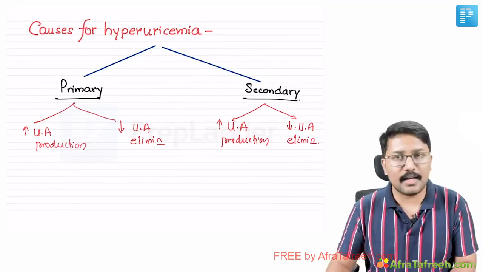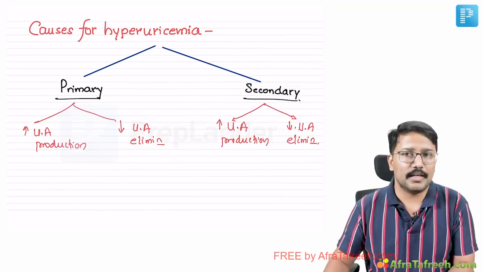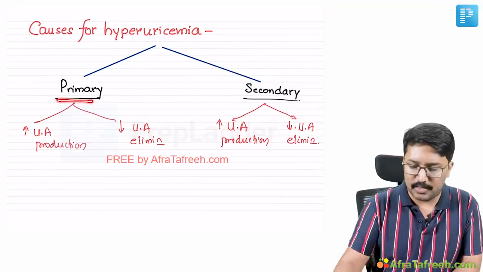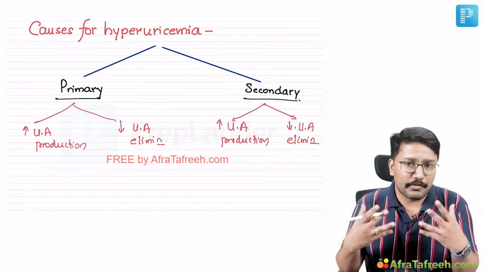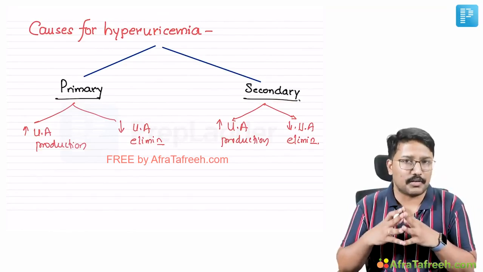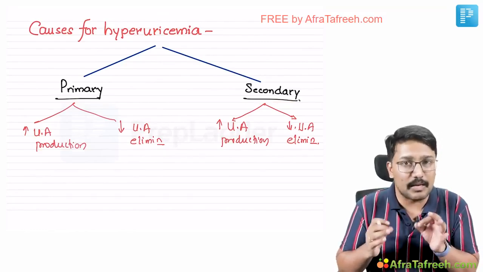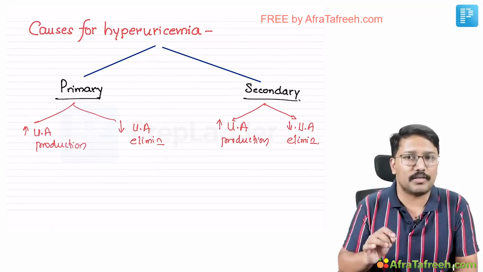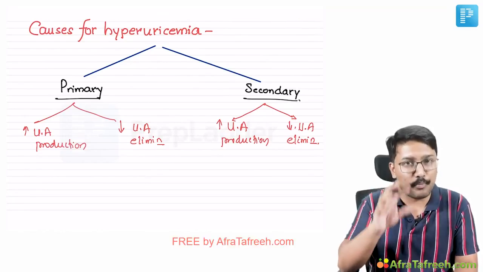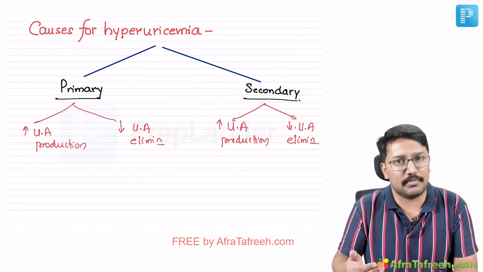Okay. Now I said I like this CMDT classification, which is less confusing. The reason for that is it is very simplistic. So when we talk about primary and secondary, what is the difference? In case of primary increased uric acid production, the increase is primarily because of abnormalities in the purine metabolism directly, in the sense the components of this metabolic pathway, the enzymes involved, the abnormalities at that level.